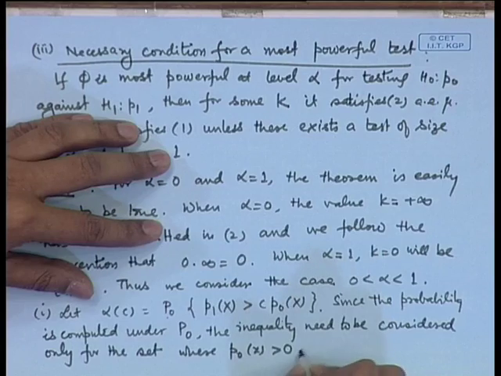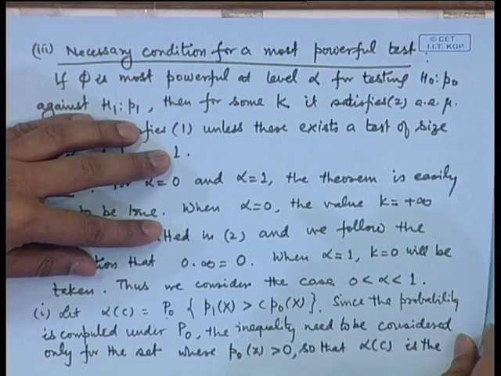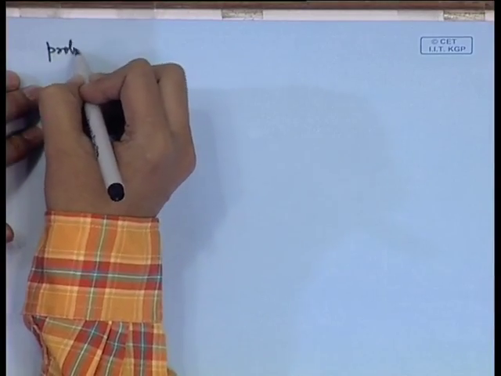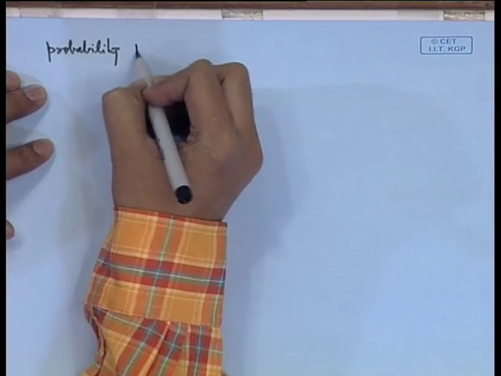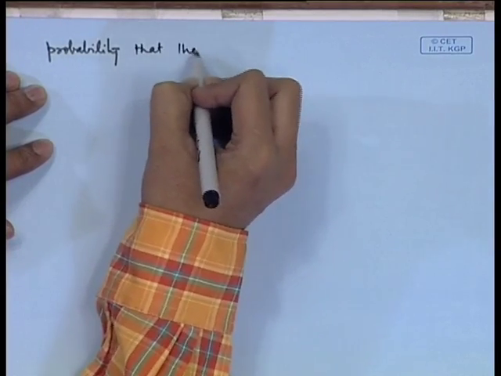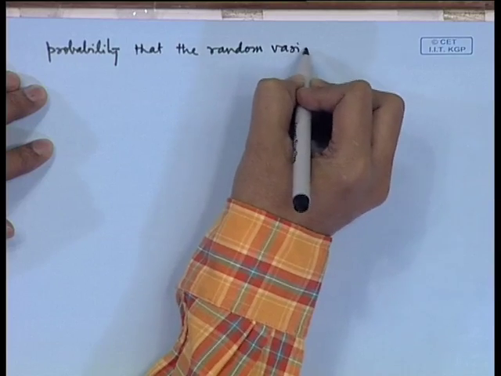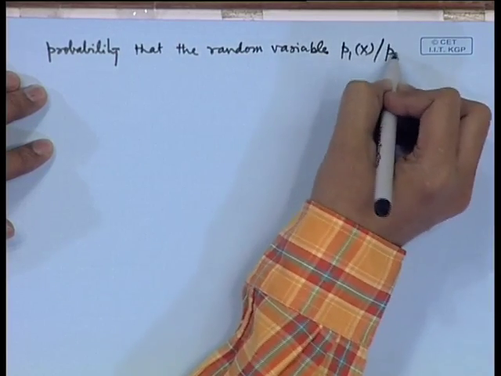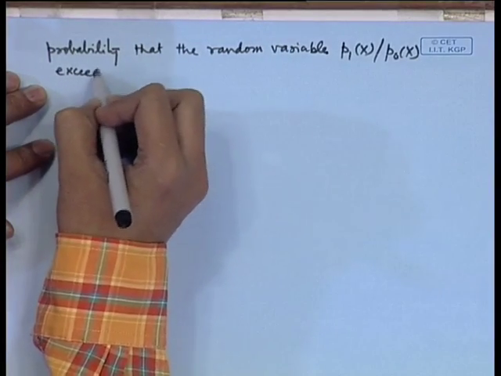So, alpha c is the probability that the random variable p 1 x by p naught x exceeds c.